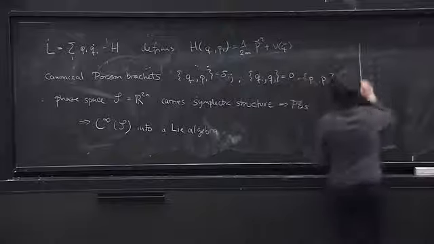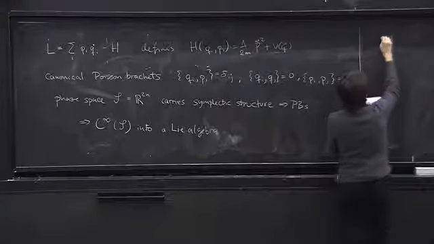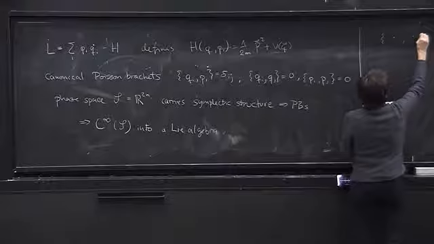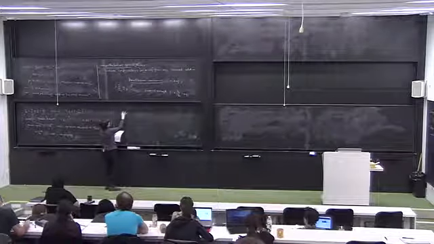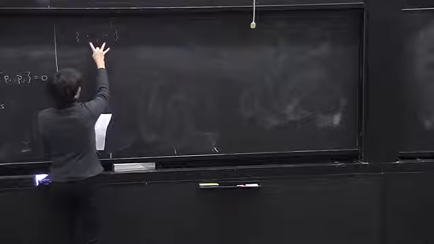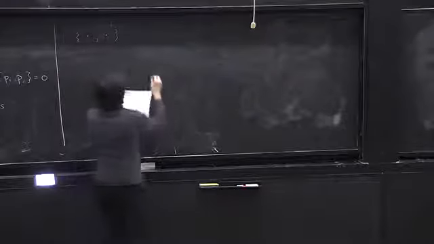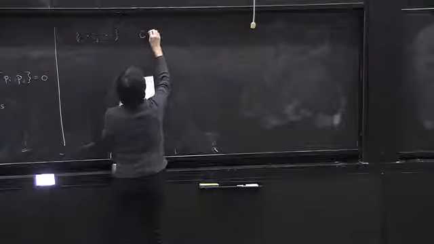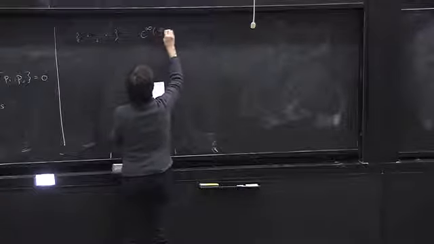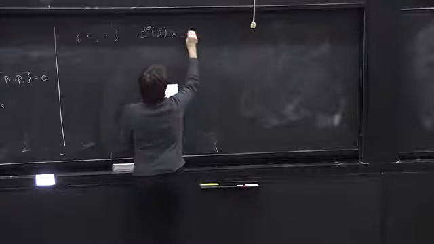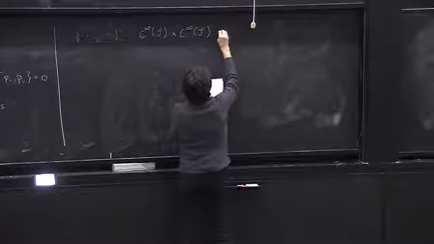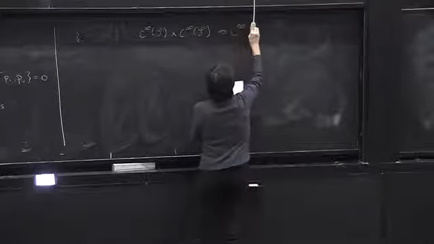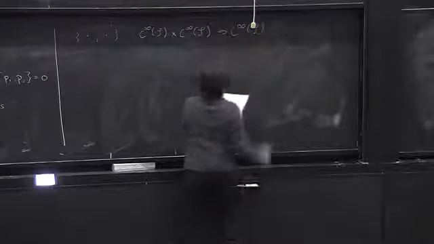Okay, so formally, I can write things like that. The Poisson brackets can take as arguments any old phase space function and map it into a third one. So this is what I can write. It takes the Cartesian product again into the phase space functions.